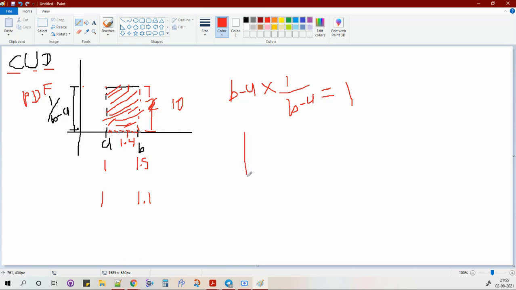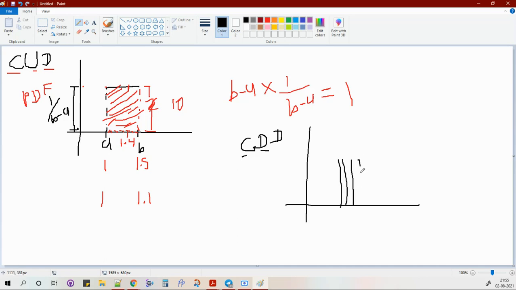Now, what about PMF? If I take the same example, but now I have a discrete distribution, right? Continuous, but it is discrete. Then it will look something like this: one, two, three, four, right? I have the same probability over a and b, and this is the probability here.